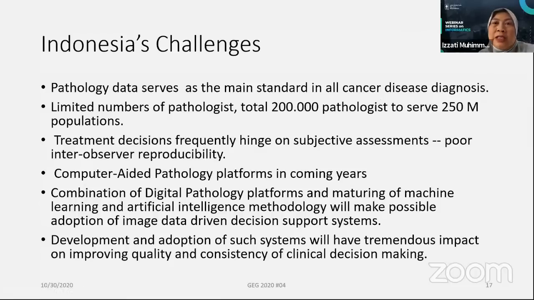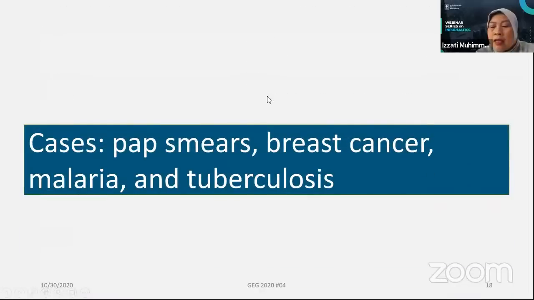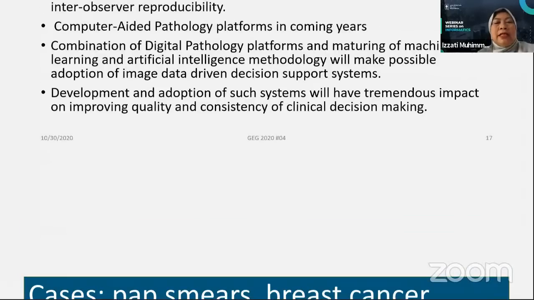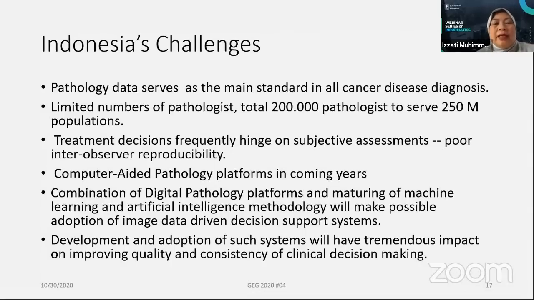The pathologists are the busiest people, reading many slides in one day. And unfortunately, in Indonesia there are a limited number of pathologists. According to information from the year 2010, there are only 200 pathologists to serve about 250 million population.